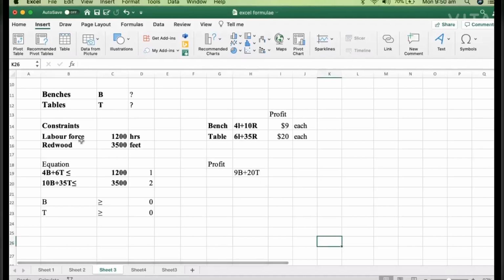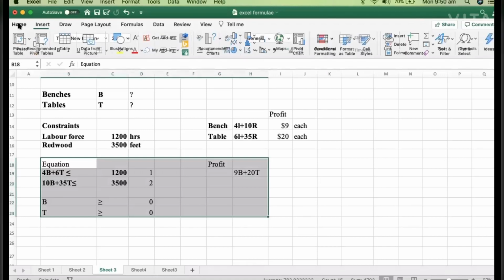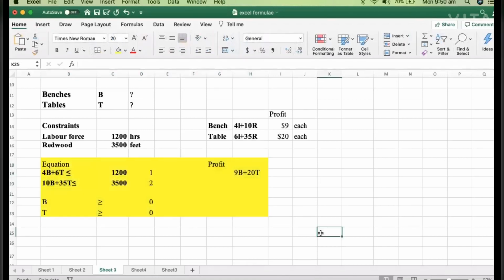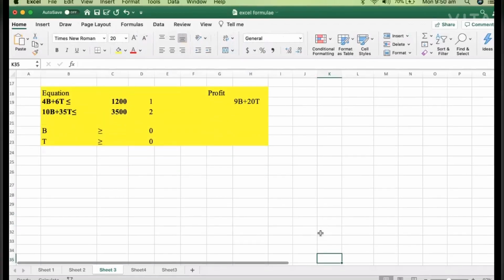So basically I will need all these three pieces of information, and then I will find out my answer. And you know very well, when we solve the equation, we need so many things.